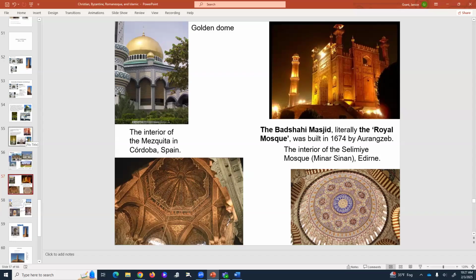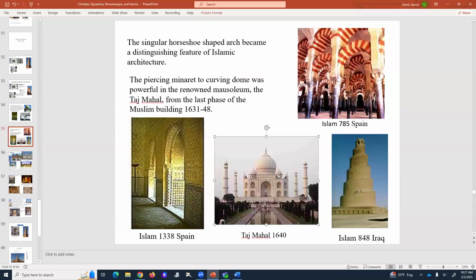And honestly, there's a whole story about the Taj Mahal that is very interesting as well, that he built it for his daughter. And so that's part of why it's so beautiful and has all of these mosaics, and it's become a very well-known building.